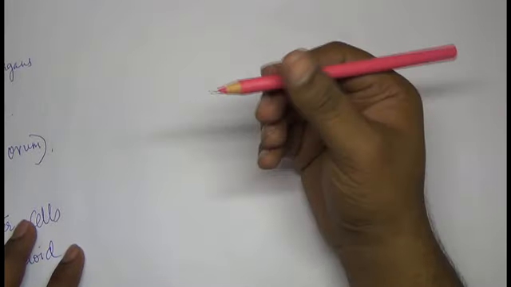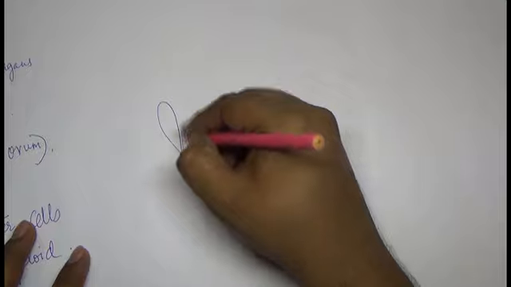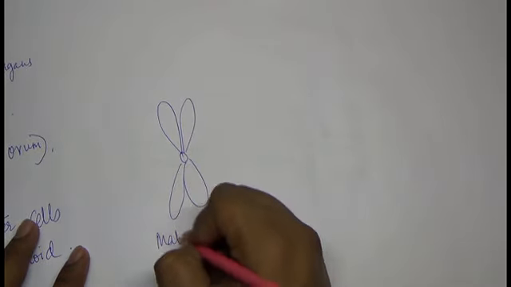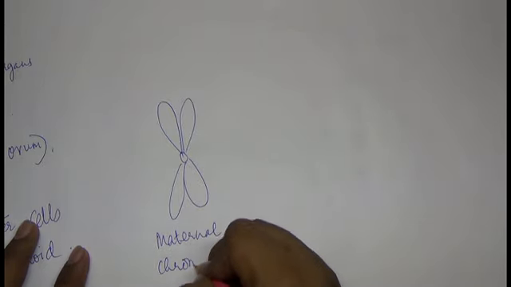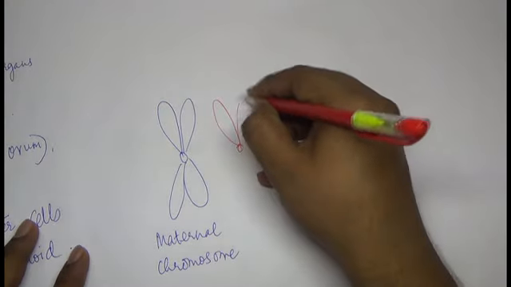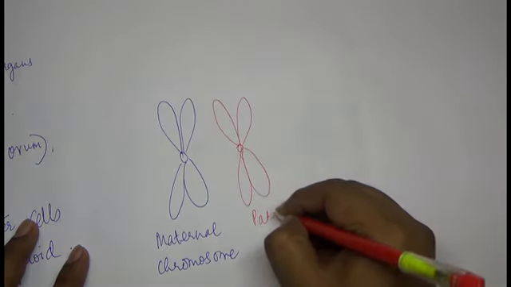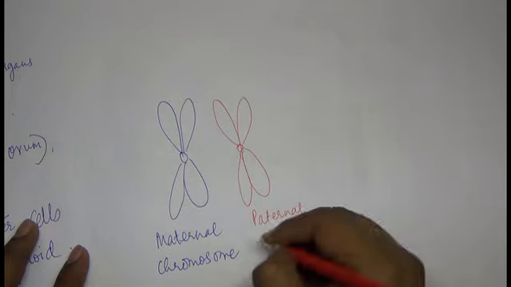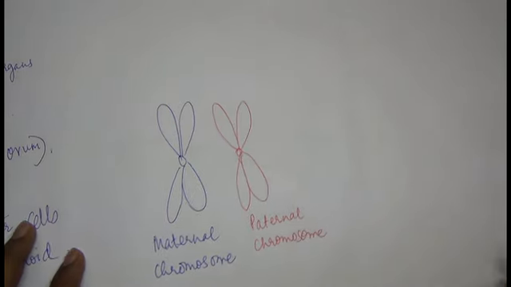Basically, if the blue colored chromosome is from the mother, suppose this is the maternal chromosome, and the red colored chromosome is from the father, or we'll call it the paternal chromosome.